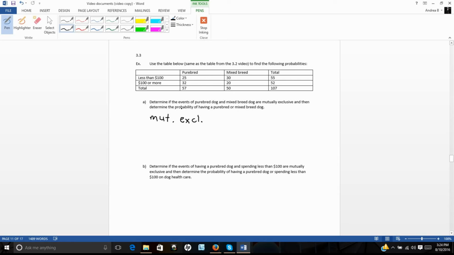And then to figure out the probability there of having a purebred or a mixed breed dog, since we know that it's mutually exclusive, to find that probability, so remember that P in front means probability, of purebred or mixed breed.